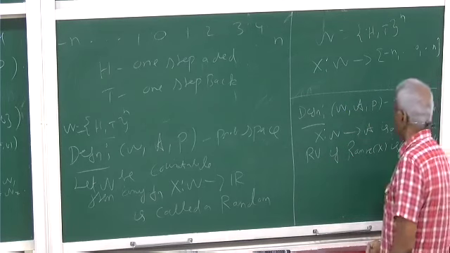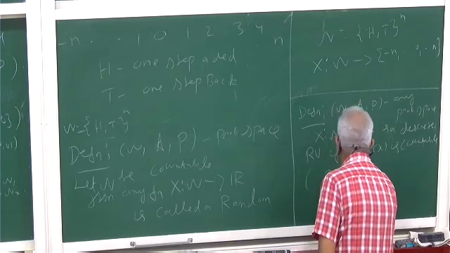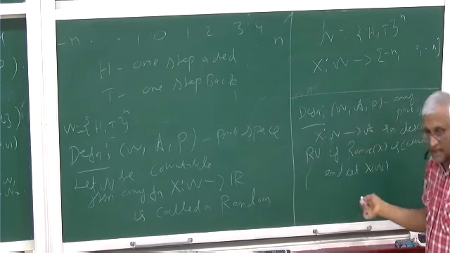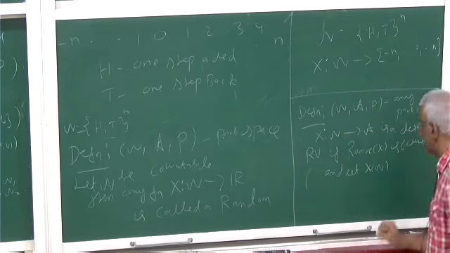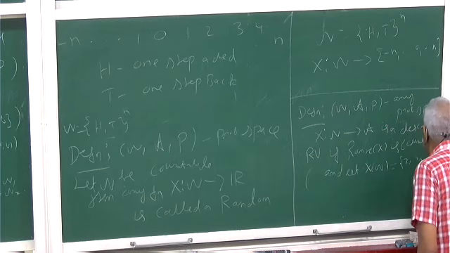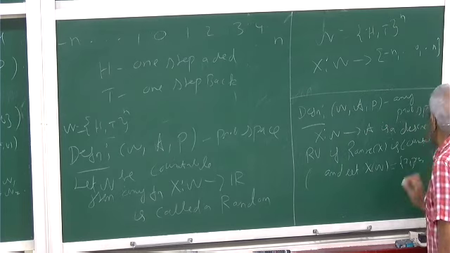The range of X is X of omega, right? X of omega, which is equal to some x1, ..., xn, like this. x1, x2, and so on.